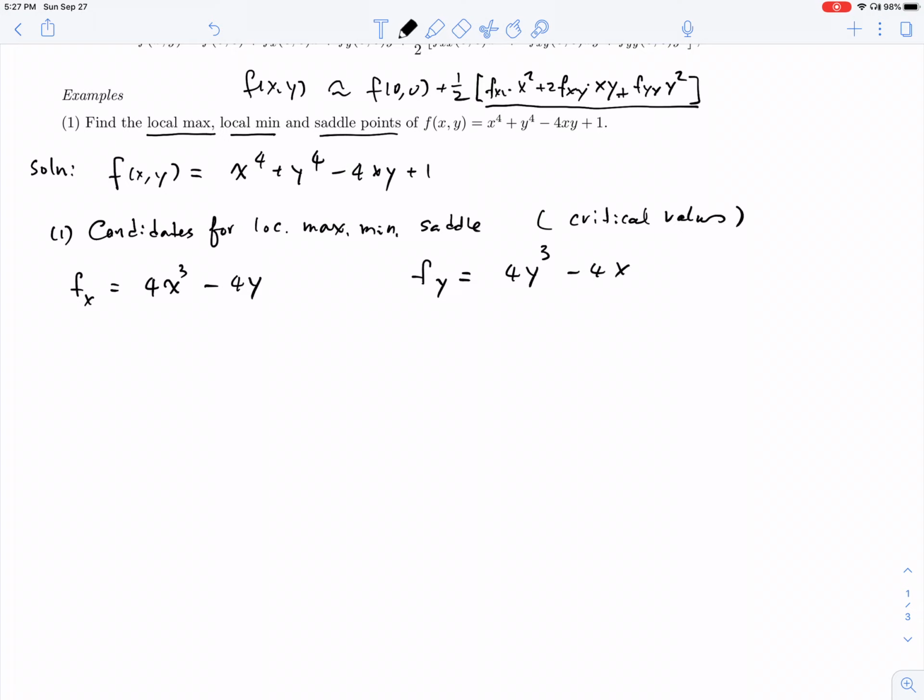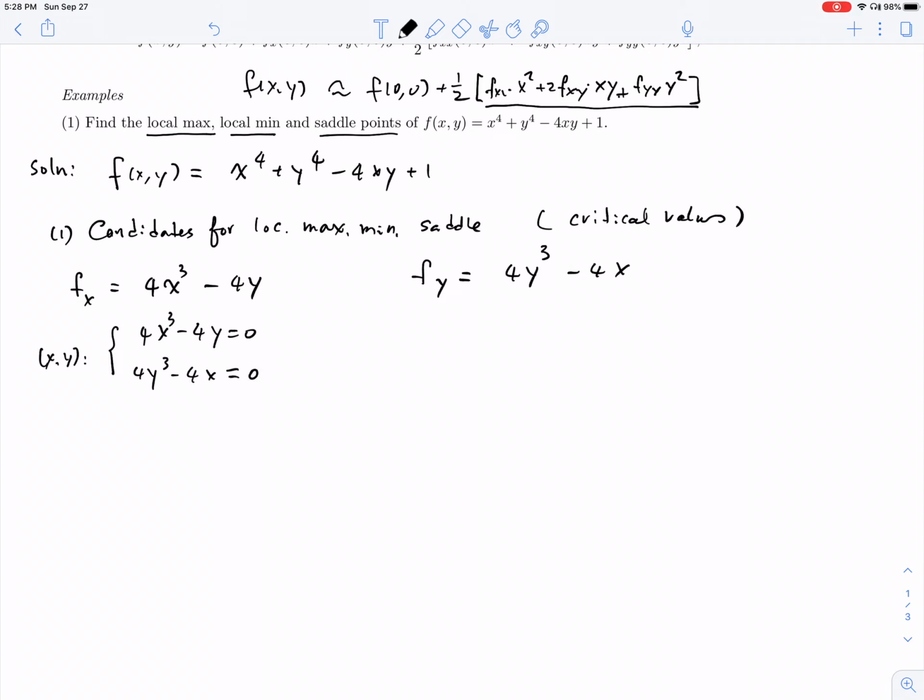So now let's try to solve this pair, because when we try to get the critical values, we need to actually find x, y. And we have two equations: 4x cubed minus 4y is equal to 0, and 4y cubed minus 4x is equal to 0.